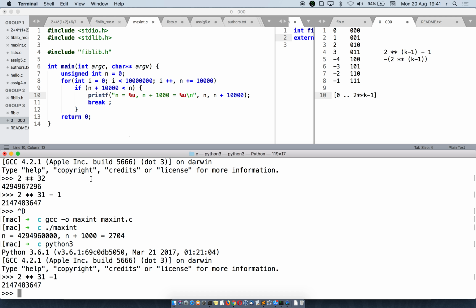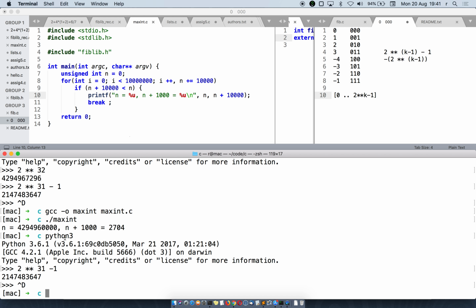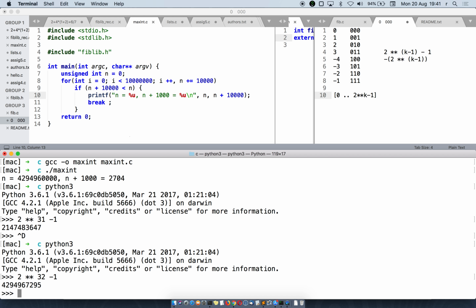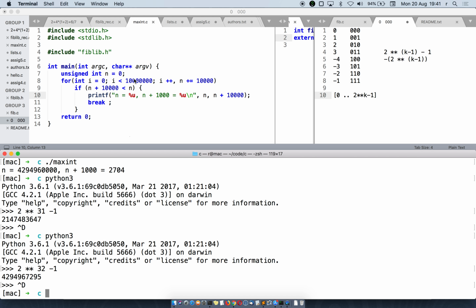So we can rediscover this value by doing what we did last time: 2 to the 32, minus 1. 32 bits. Okay, there's this number. So we can do what we did last time. We can start from this number which we have discovered. Okay, and we put it here.